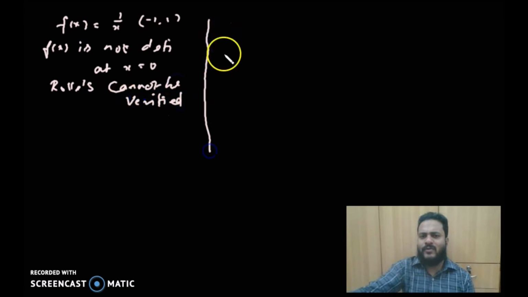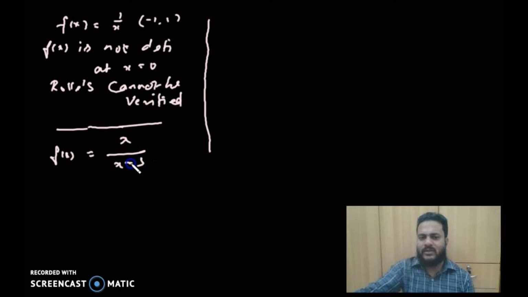And you can go for a few more also. f of x is equal to x divided by x minus 3 in the interval, maybe take 0 comma 4. For this function we cannot verify Rolle's theorem at x is equal to 3, that is, x minus 3 equal to 0. x is equal to 3 is in between 0 and 4.